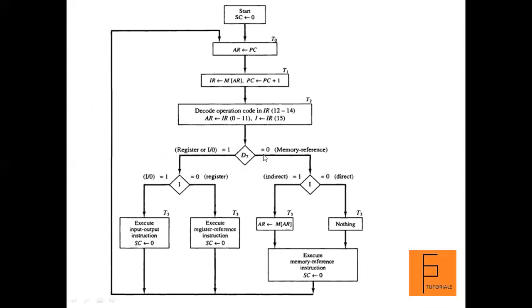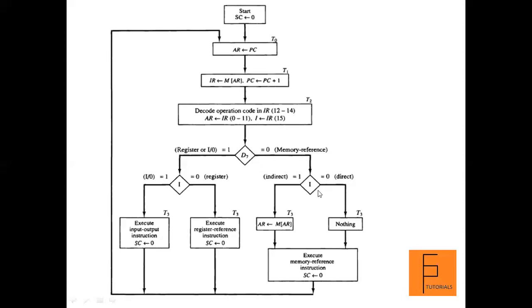But if D7 has not been set, then any of the outputs ranging from D0 to D6 must have been set. So checking D7 will give us the difference between a register or input output and a memory reference. If D7 is disabled, it is a memory reference instruction.